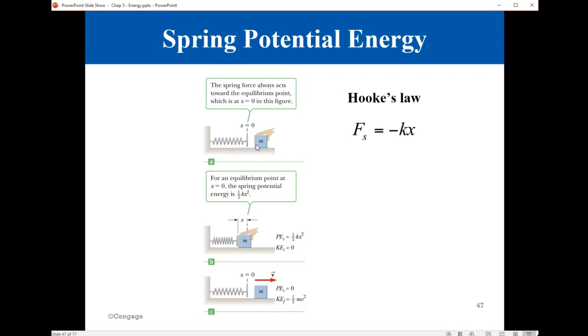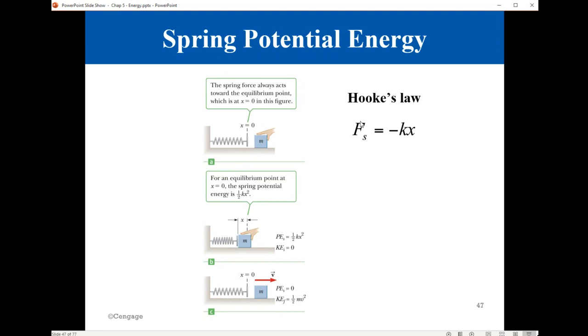When we deal with spring force, we need to use Hooke's law. Hooke's law tells us that whenever you compress or stretch a spring, there will be a restoring force, as we call it, that tries to restore the spring to its original unstrained shape and position.